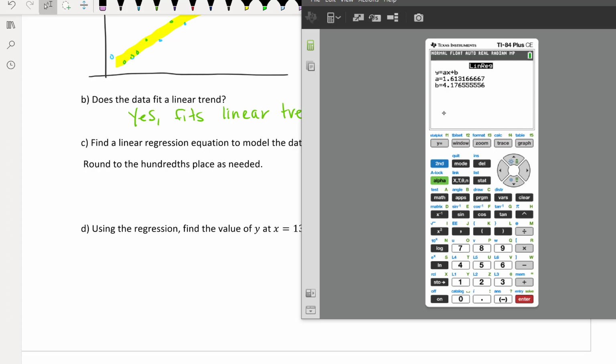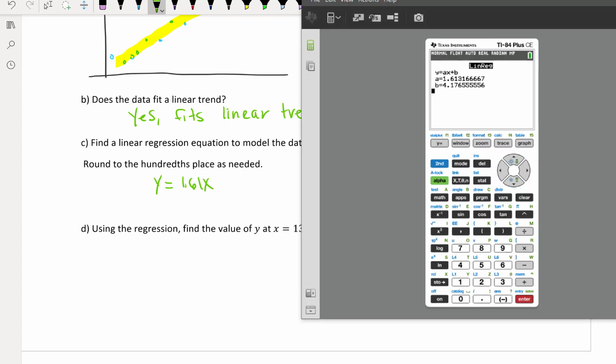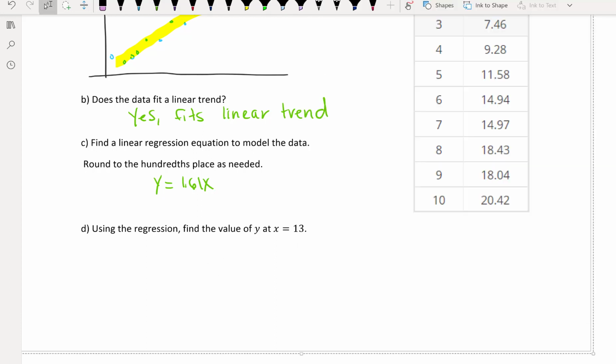So for this one, remember, you're rounding to the nearest hundredths place. So my slope is going to be 1.61. And that b value, since I'm rounding to the nearest hundredths place, should be 4.18.